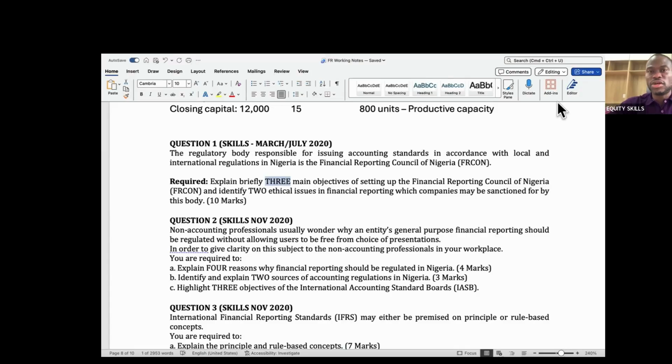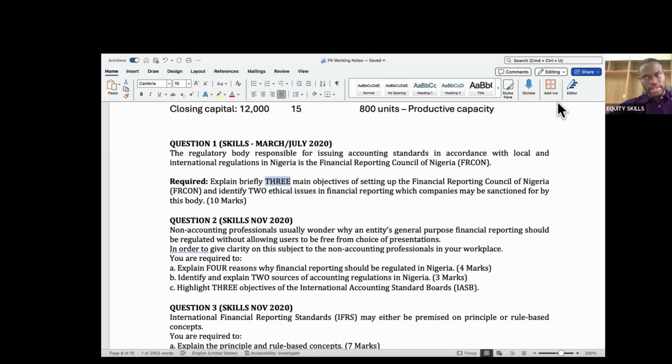Number 1, failure of a professional to register with FRCN, failure of a company to register with FRCN, failure of a company to comply with IFRS, failure of a company to submit its financial statements to FRCN, failure to allow field auditors, like people that come to do audit, to have access to the company's premises and records, or allowing professionals that are not registered with FRCN to have an input into the financial report.